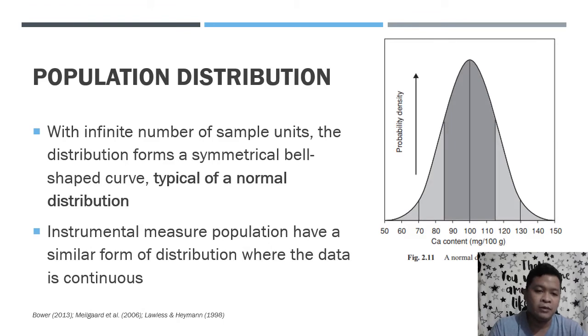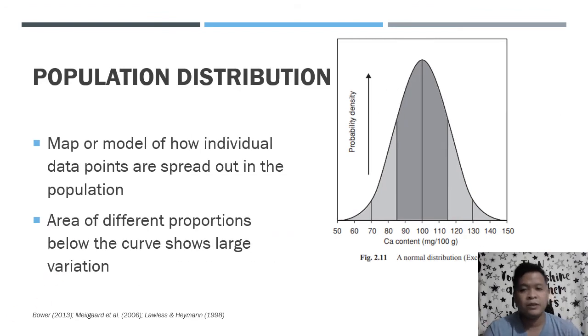If we are to assume a near infinite number of sample units, the distribution would typically approach that of a bell curve, wherein at the mean there would be the most number of responses and it would taper equally on either side as the value decreases or increases from the mean. So we could consider this as a map or model of how data points are spread out.